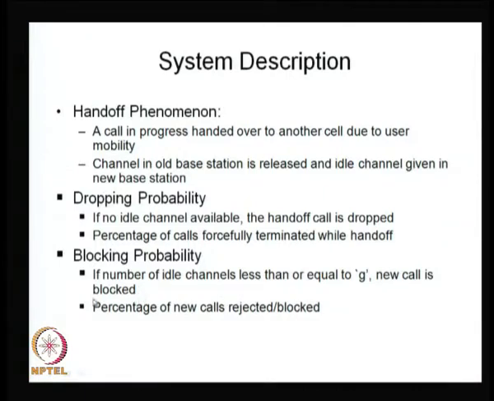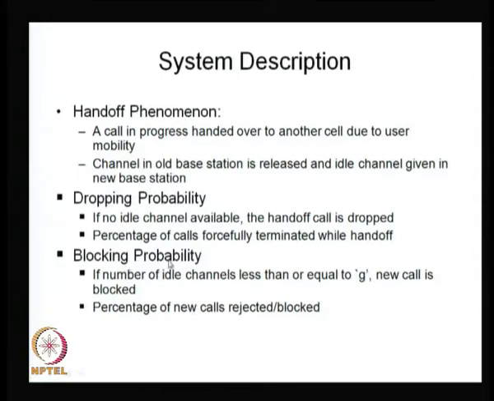So, our interest is to find the blocking probability and the dropping probability. The dropping probability is the probability that handoff calls are dropped because of no idle channel in the system.